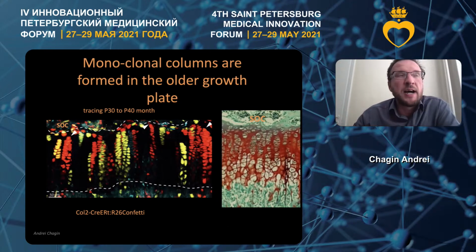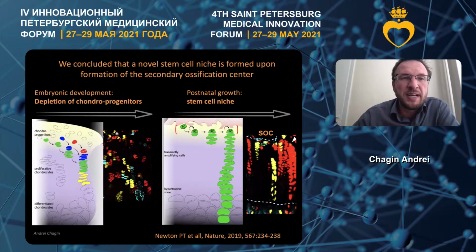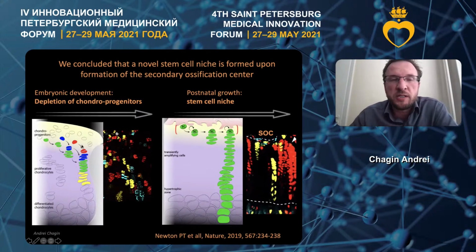That observation, as a core observation, plus a few additional analyses, allowed us to conclude that during embryonic development, growth occurs based on chondroprogenitors, which are consumed, make small clones, and contribute to the bone growth.